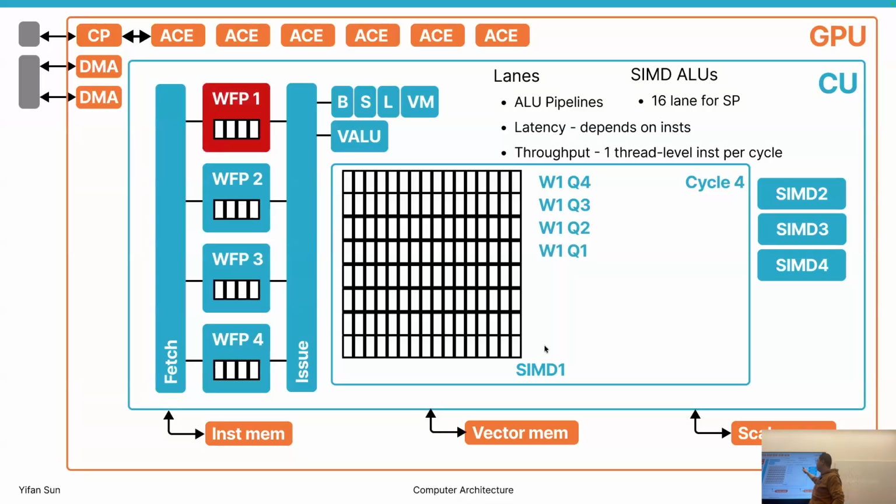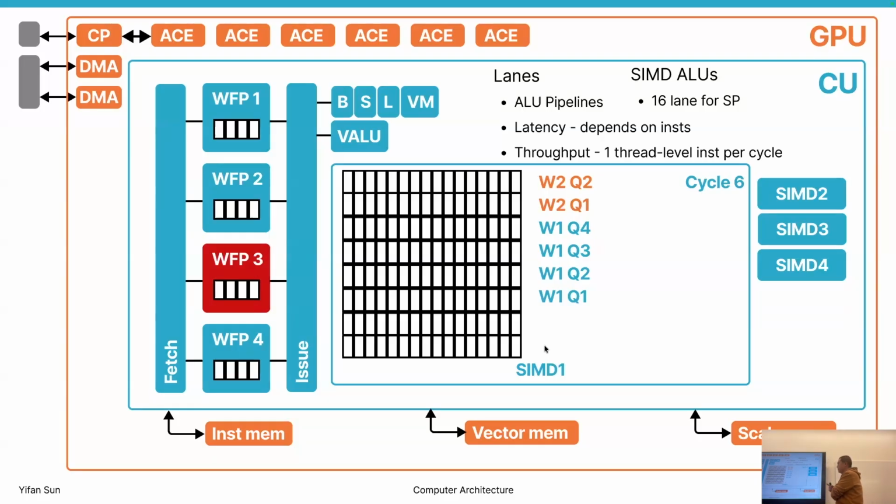Then move to cycle 4. We have all the quarters in the pipeline. Then the issuer will issue from wavefront pool 1. In the next stage, we have wavefront pool 2 and quarter 1 there.